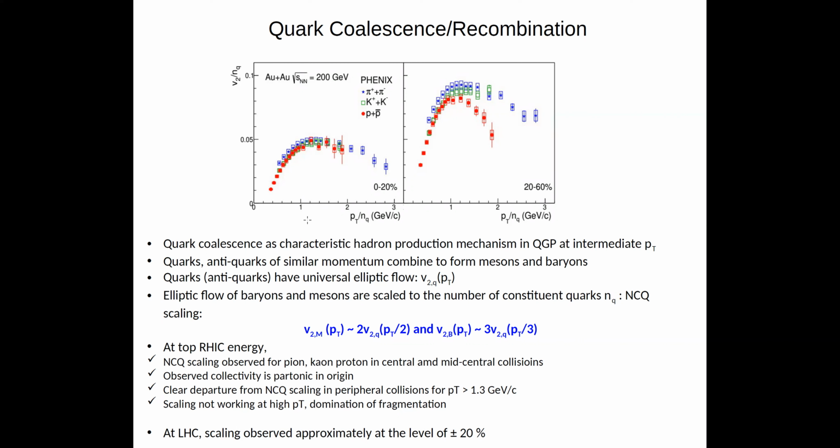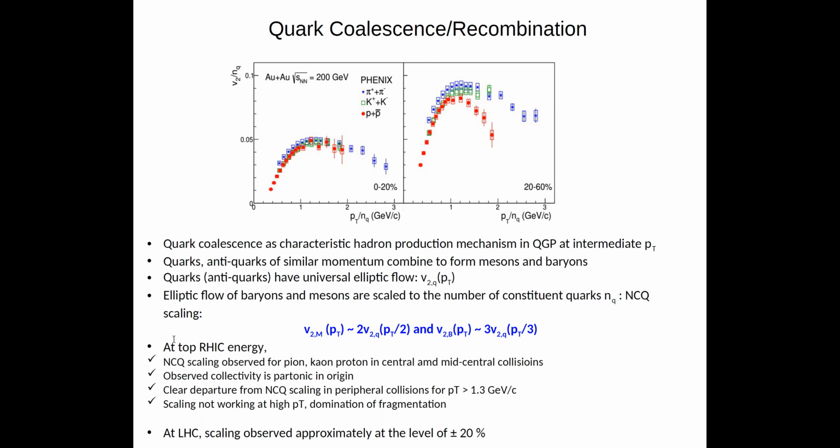According to this model, one can show that the V2 of mesons can be written as 2 times the V2 of quarks, and the V2 of baryons is just 3 times the V2 of quarks. So the elliptic flow of baryons and mesons is scaled by the number of constituent quarks, and this V2 of quarks as a function of PT shows a universal behavior, because quarks are quarks, partons are partons.